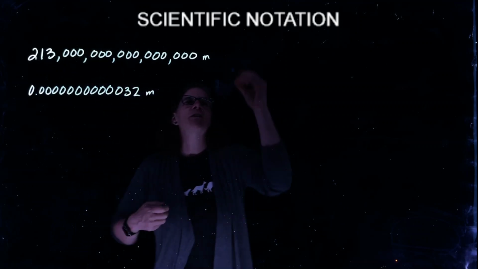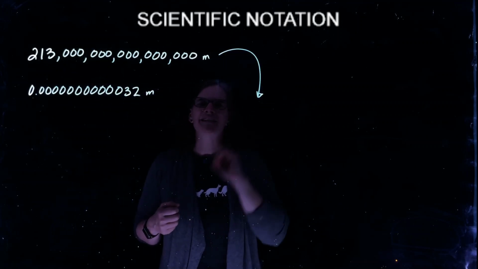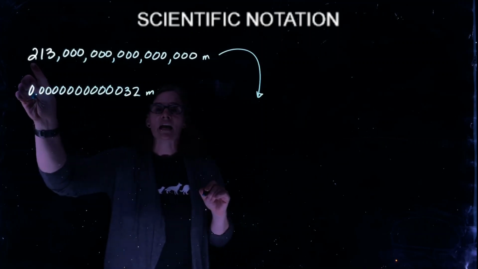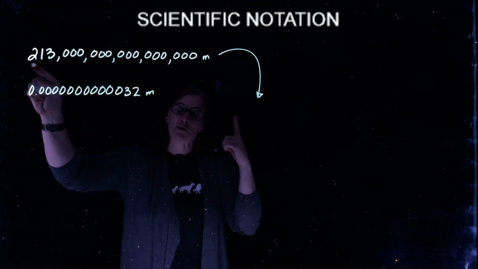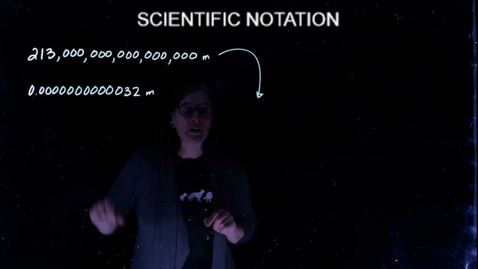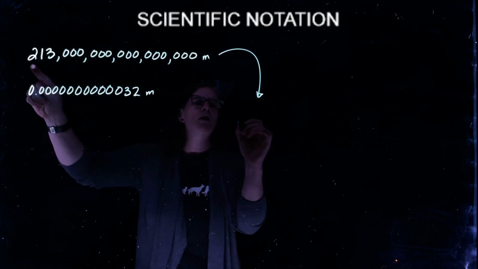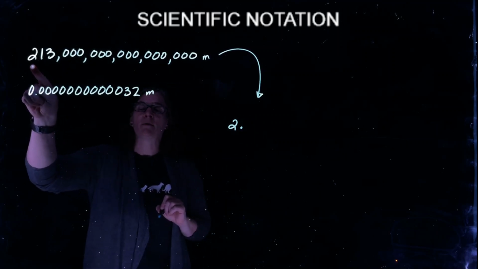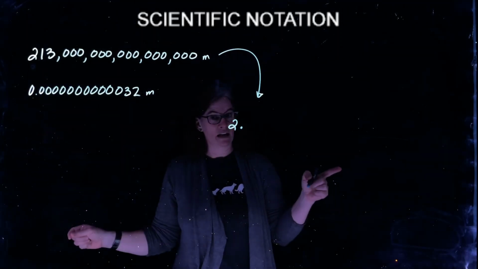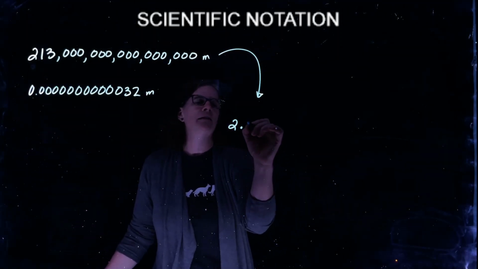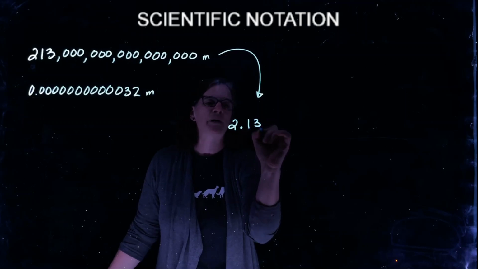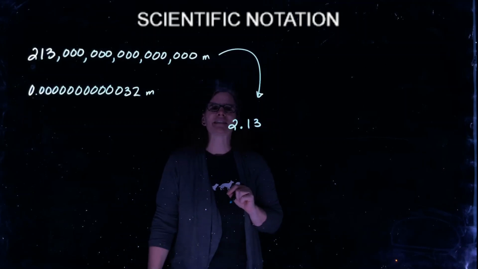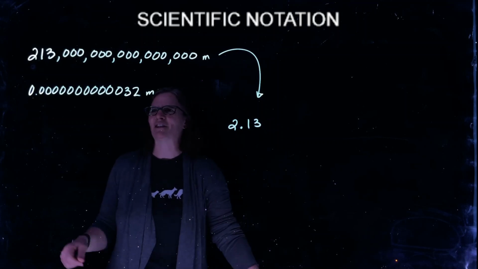If I wanted to convert this number into scientific notation, traditionally, we put one number in front of the decimal place. 2. Then we put our decimal, and we put every significant number after that. 1, 3. So if you want to go back to talking about significance, check out that significant figures video.